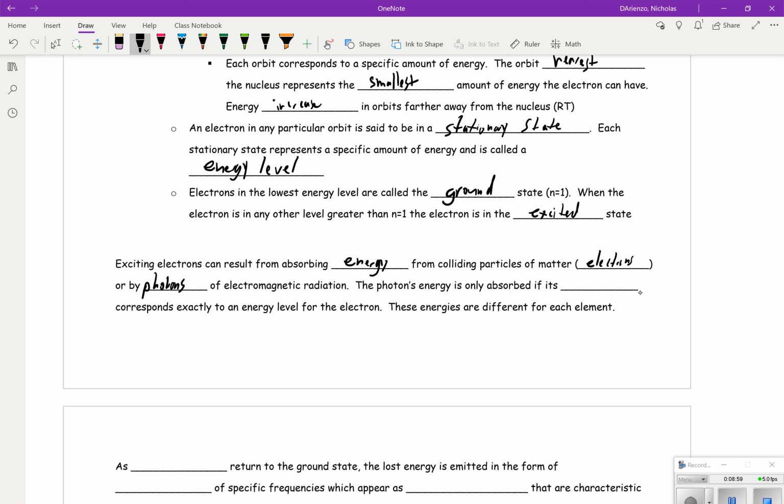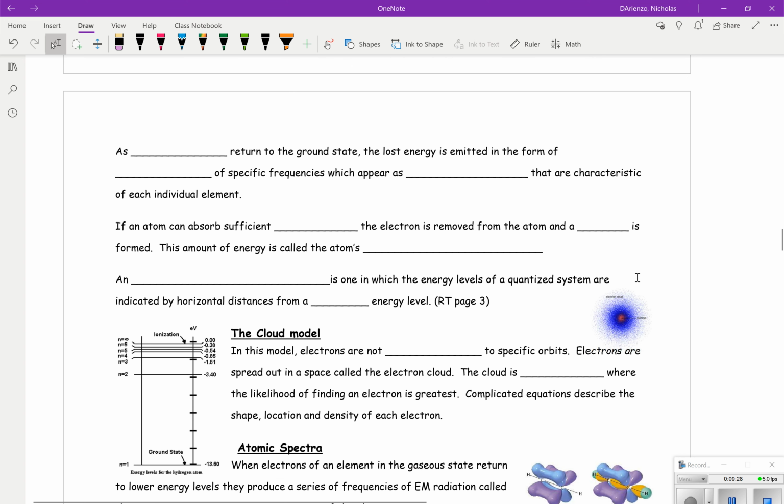And this is where our wave-particle duality of energy and matter comes into play. Now, the photon's energy is only absorbed if its energy corresponds exactly to an energy level for the electron.